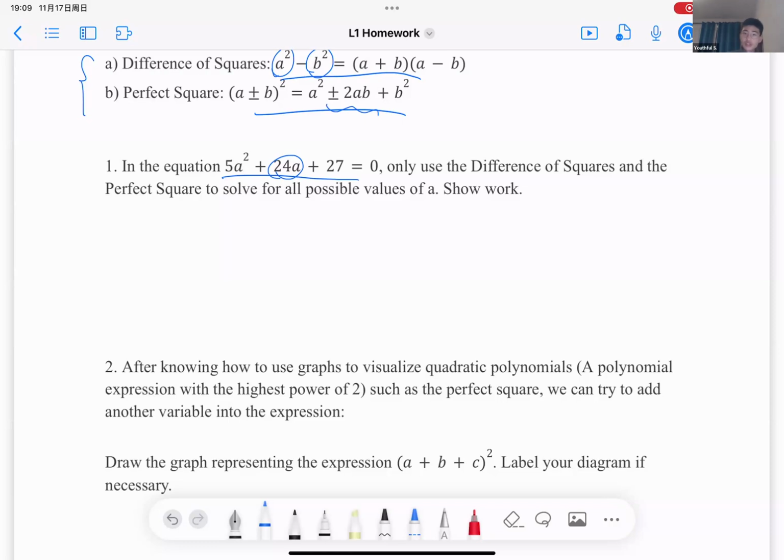And since its coefficient is a positive number, that makes sense, because it's definitely a variable with a positive coefficient plus another positive integer. Well, let's name them x and y.